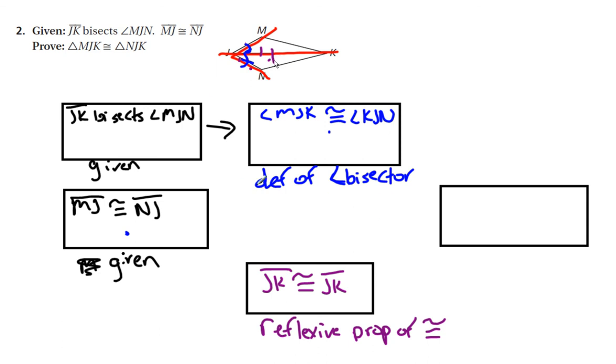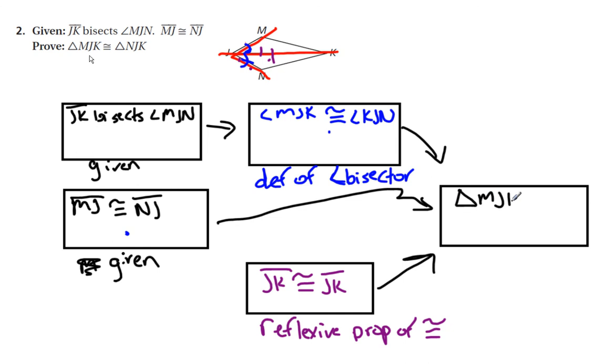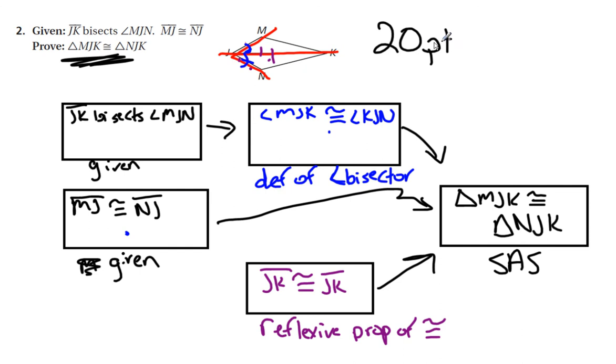So if we put that together and draw some arrows indicating our side, angle, and side, we can say that the two triangles are congruent to each other by SAS. And that's what we're looking for. So that's it. This was 20 points. And then we point out some mistakes that people made in putting the arrows in.